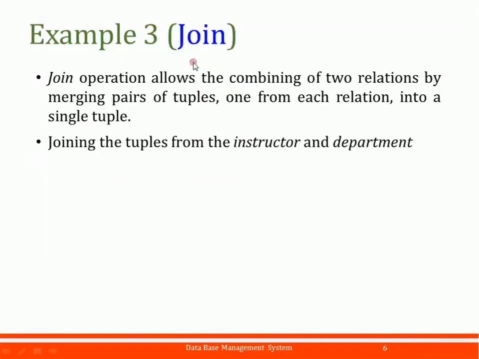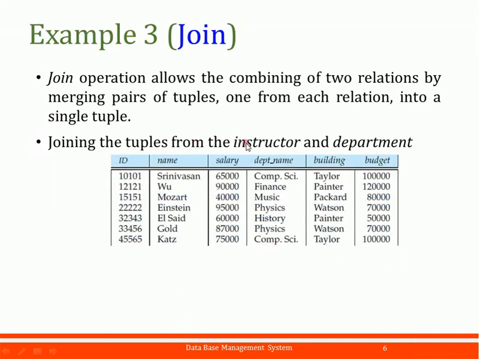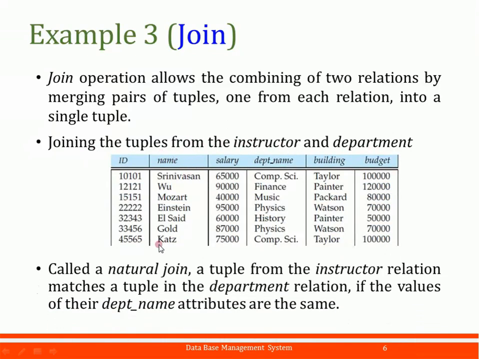The next is the join operation. As the name suggests, this is combining two relations by merging a pair of tuples, one from each relation, into a single tuple. Here is an example of joining the tuples from instructor and department. This is called a natural join.